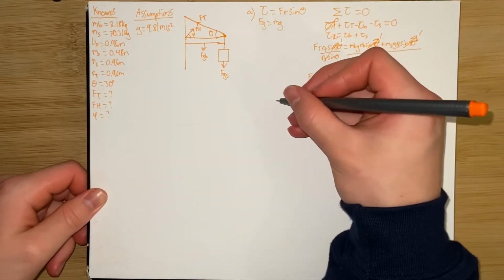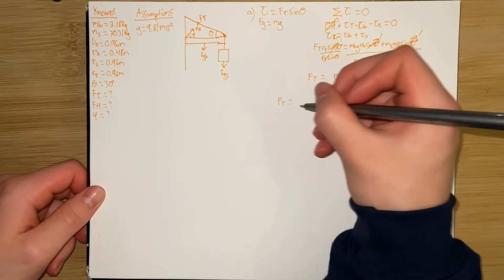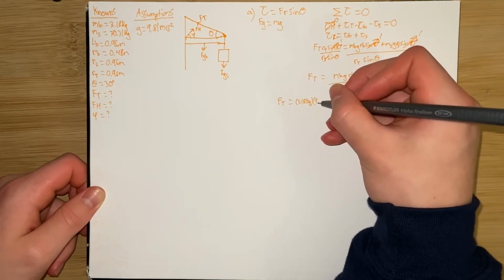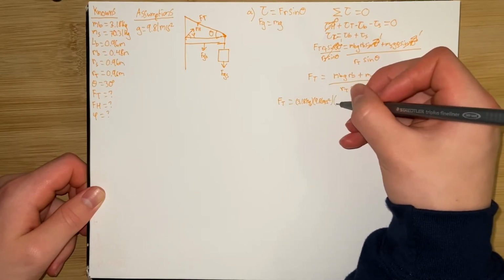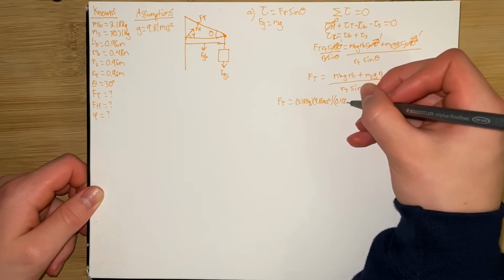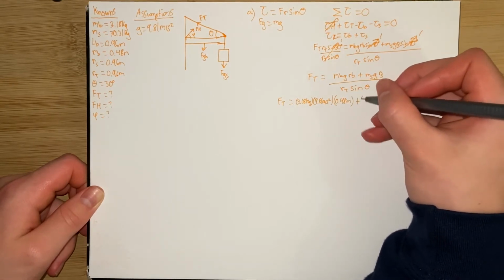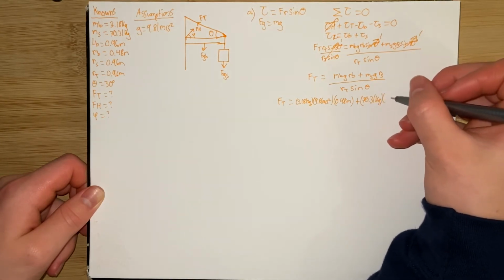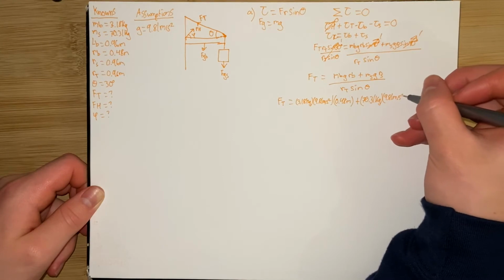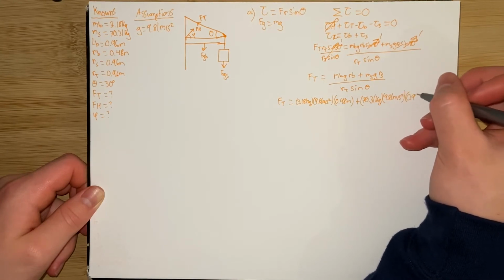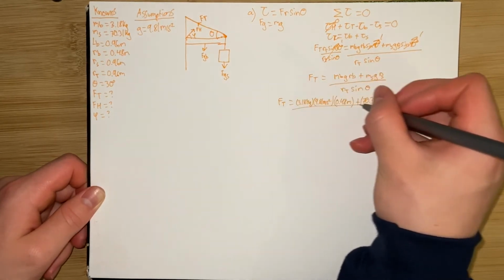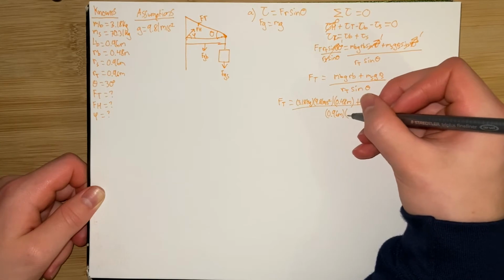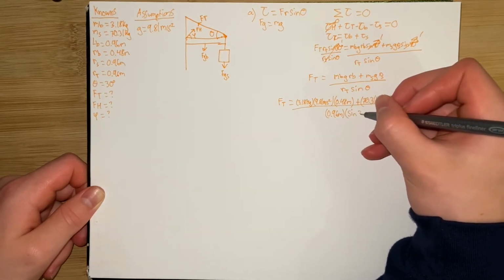So now let's write that in with our values. So tension force is equal to 3.18 kg times 9.81 meters/second squared times 0.48 meters plus 70.31 kg multiplied by 9.81 meters/second squared multiplied by 0.96 meters, and that will all be divided by 0.96 meters times the sine of 30 degrees.